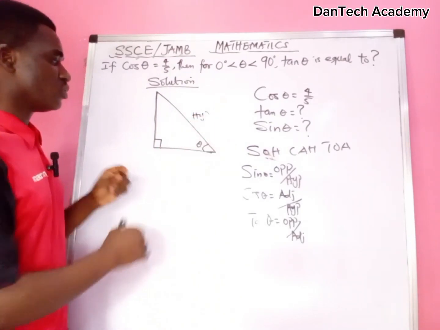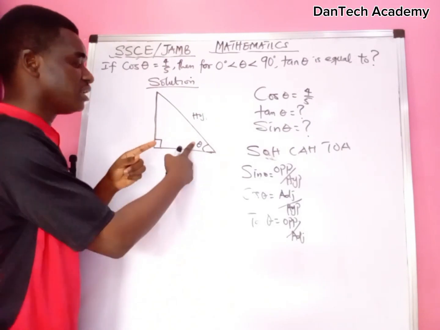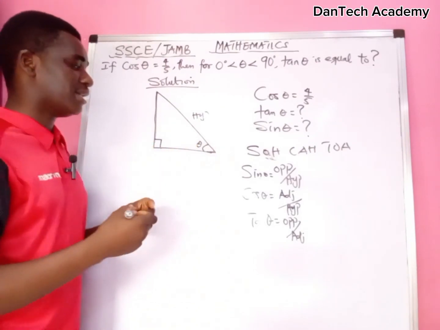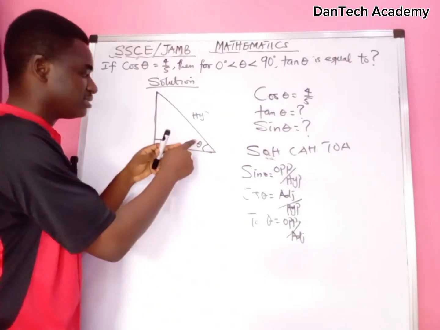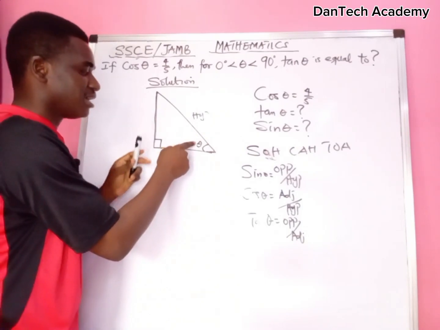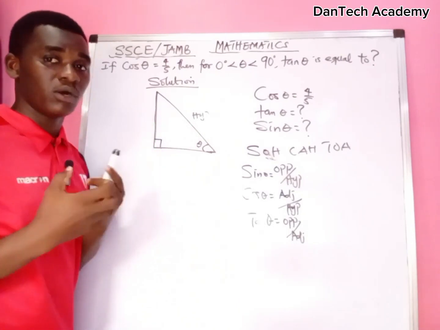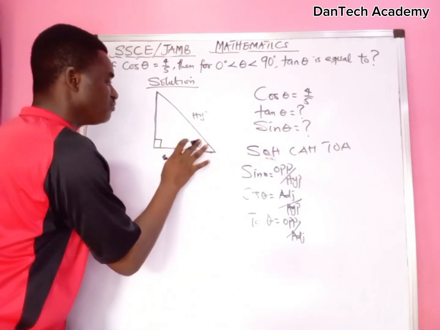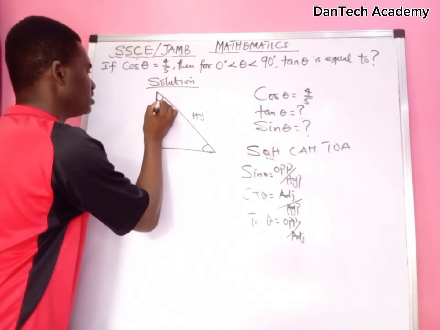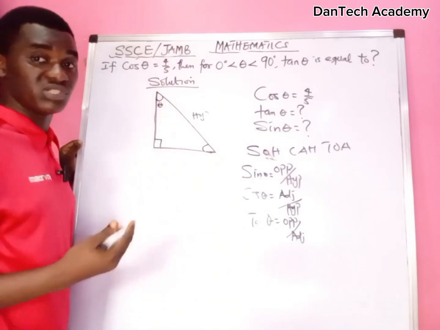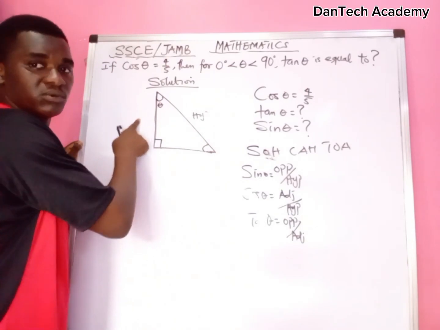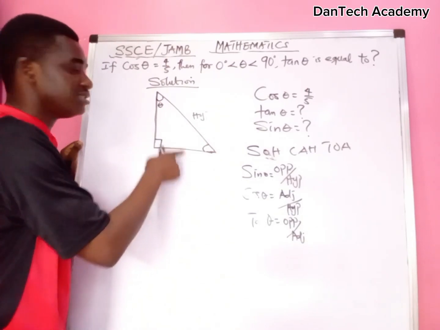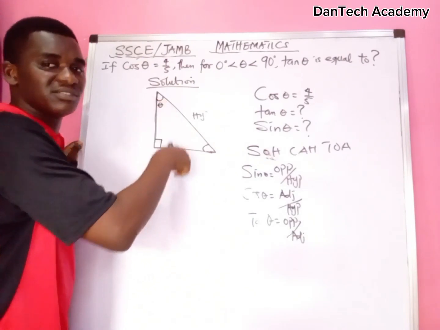If we are using this angle here to be our theta, that means the side this angle is facing will become our opposite. Likewise, if we remove this and choose to make this place our theta, it simply means our opposite is no longer here, it becomes here, as the side that the angle is facing.